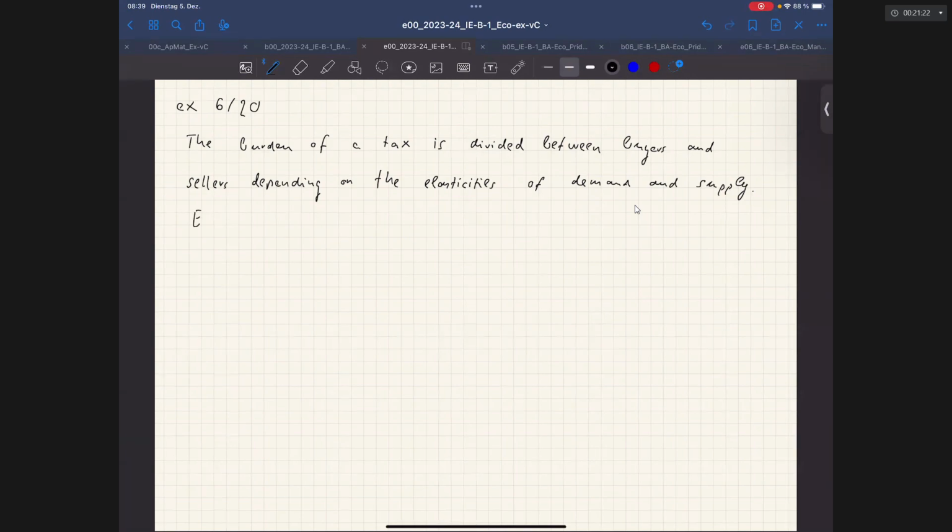Because the elasticity in general represents the willingness of buyers and sellers to leave the market.